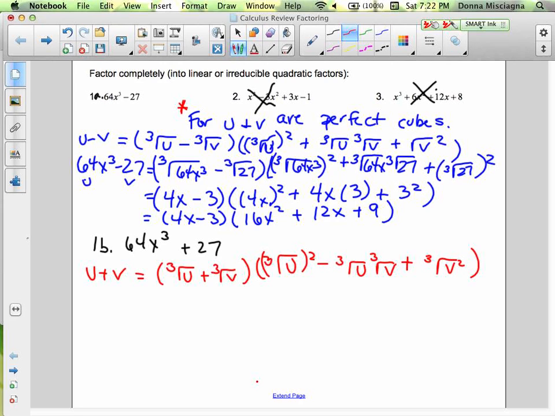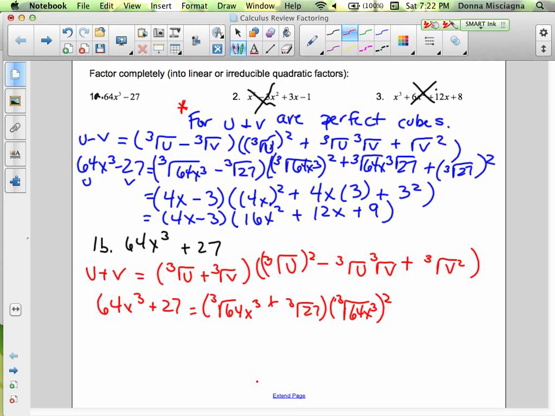Right? So we're going to factor 64x cubed plus 27. So that's going to be equal to the cube root of 64x cubed plus the cube root of 27, times the cube root of 64x cubed, all squared.